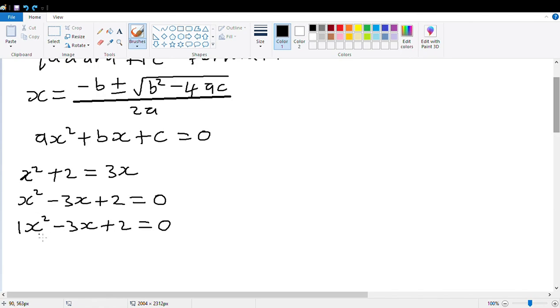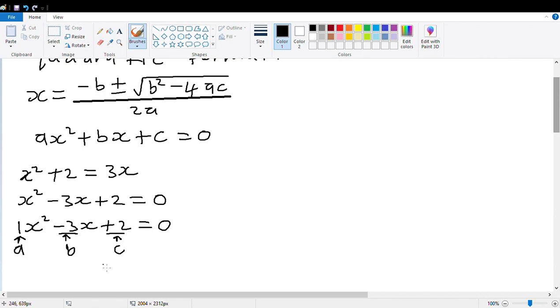So from here it can be easily seen that the value of a is equals to 1. Can you see that? And the value of b is equals to -3, meaning you must take the sign as well. And the value of c will be +2.